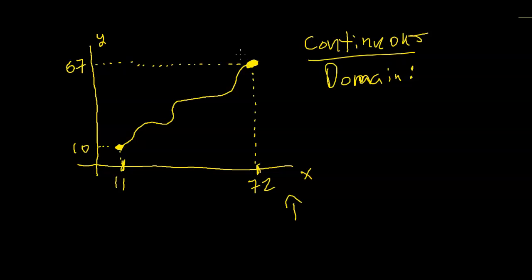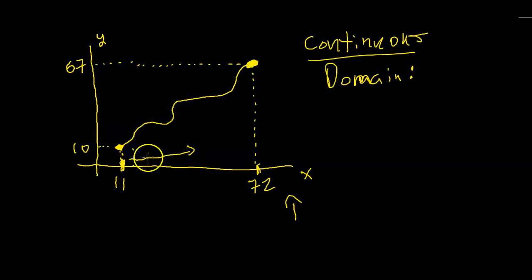The domain is all the values on the x-axis that the graph corresponds to, right? What's the leftmost point on the x-axis that this graph has an input of? It's 11, because that's where the graph starts on the x-axis. And as we can see, the graph goes over this way.